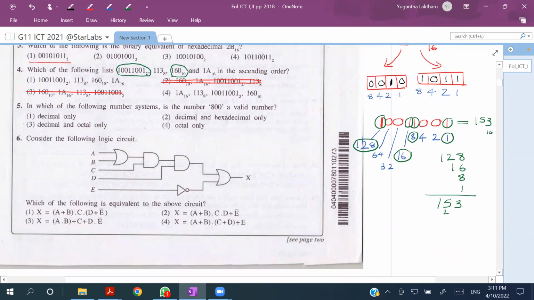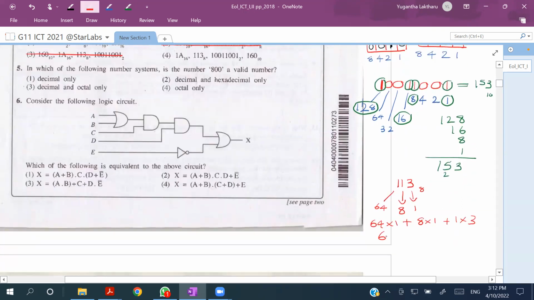And then 113, we can find 113 in octal. If it is octal, this represents 1, this represents 8, this represents 64. So it will be 64 into 1 plus 8 into 1 plus 1 into 3, which will give you 64 plus 8 plus 3, which is 75 in decimal.